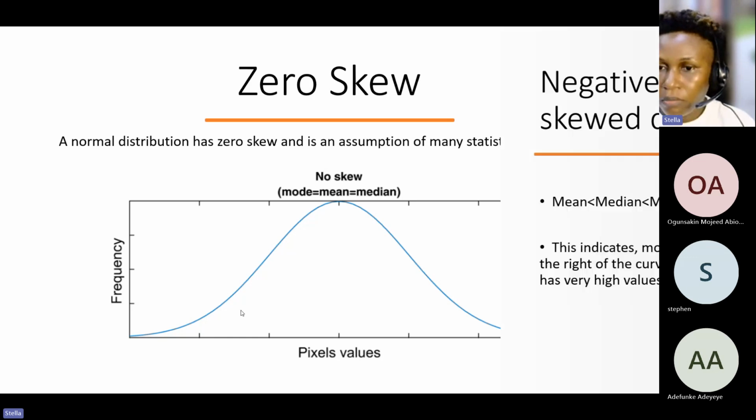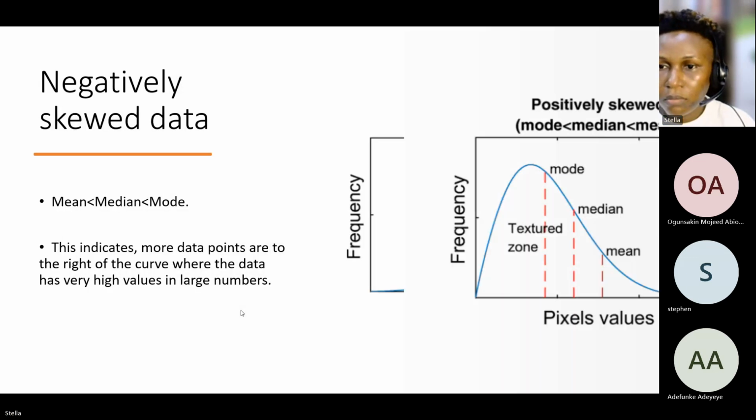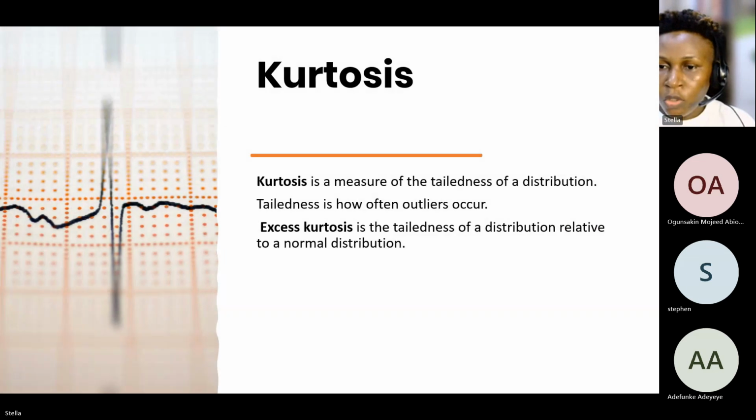So let's go back. Tailedness is how often outliers occur. Remember, at the tail of your curve, what you have are data points that are far from the middle. They are far from the midpoint, either to the left or the right. So excess kurtosis is the tailedness of a distribution relative to a normal distribution. We've looked at the normal distribution.